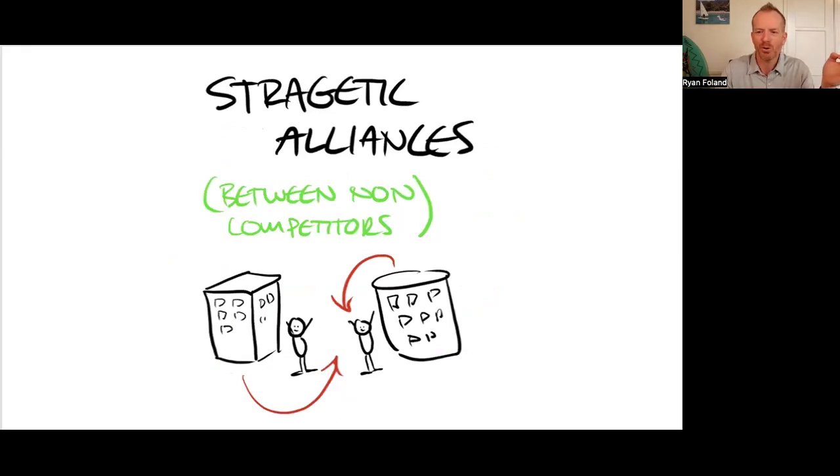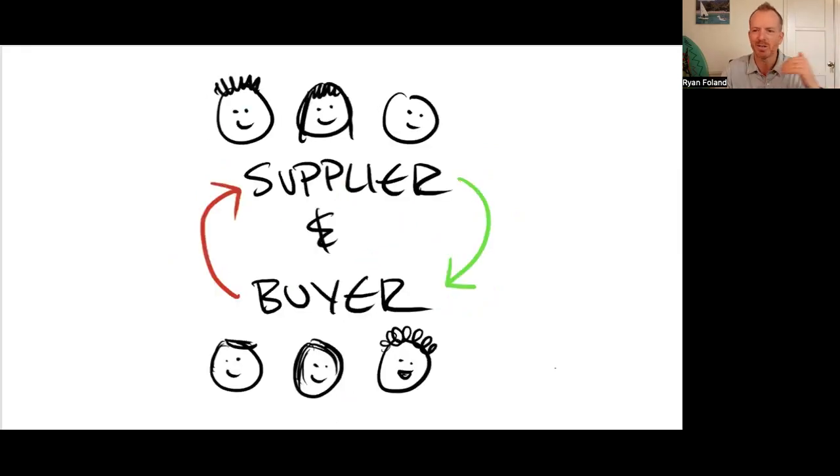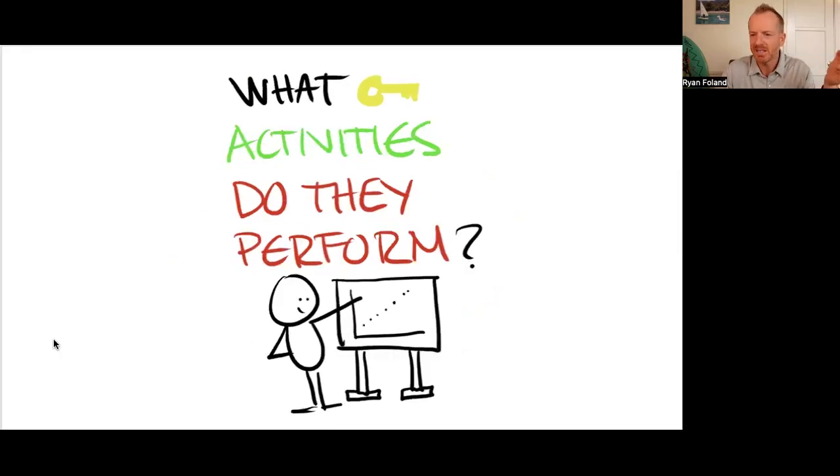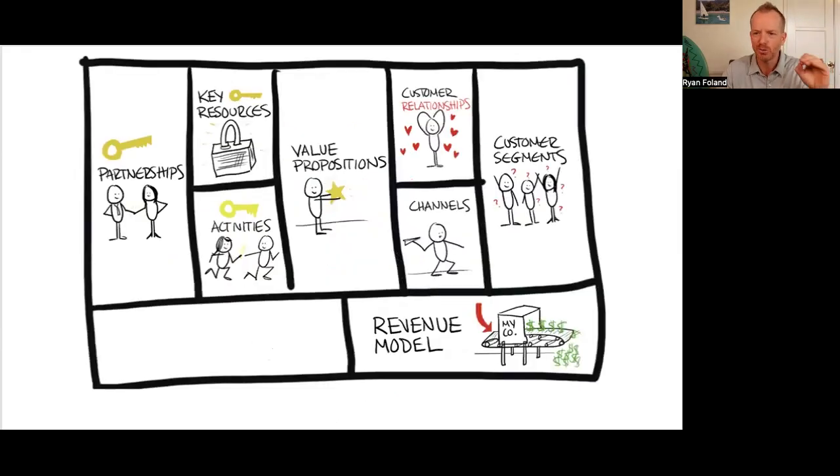Think about if you are doing some sort of buying, how you can create some sort of synergy. What resources are you acquiring? Maybe your partners can help you out with that. And then what activities do they perform? Maybe you can help them out with that. So at the end of the day, partnerships are a huge part, especially in the early stage, as you gather momentum in order to move your idea forward.